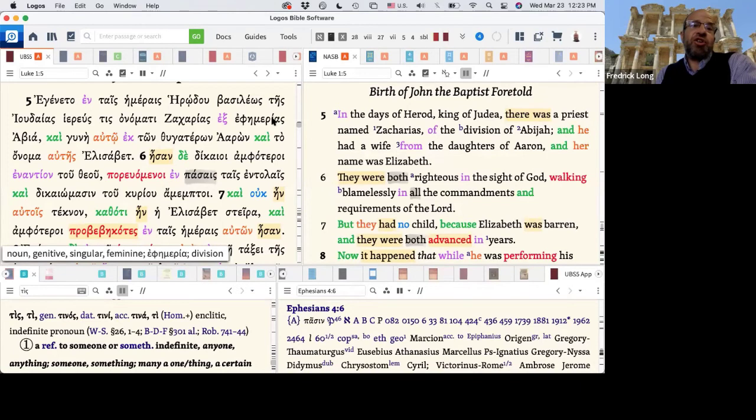This is how they named them descriptively. If I would have seen this tribe or this division without a lexicon, I probably would have said from the days, like ek, from out of the days of Abijah. But division makes more sense.